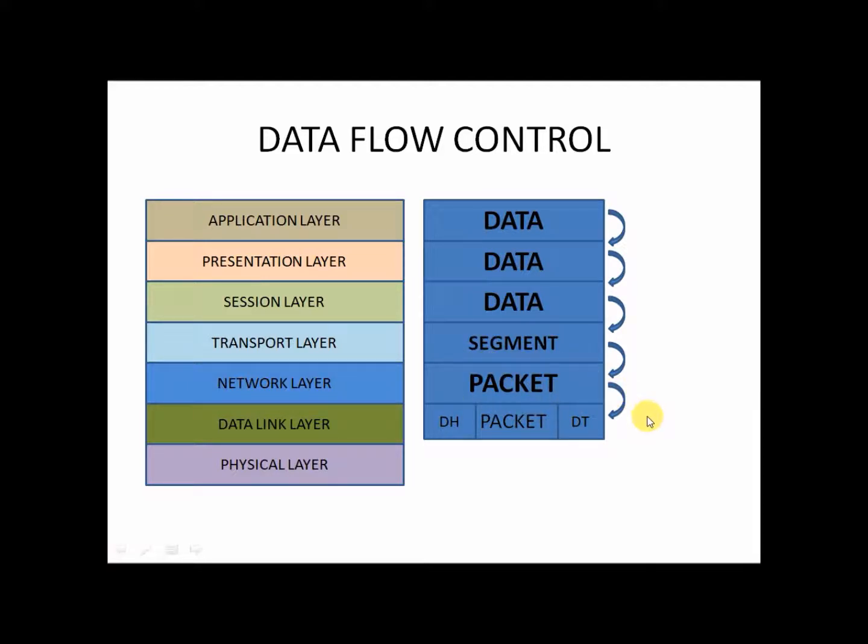Now the packet will be transferred to the data link layer and will have a data link header and the data link tail. The data link tail will have the CRC number, and the data link header will have the source MAC and the destination MAC, and with the total addition we will have the frame. That's how it works.